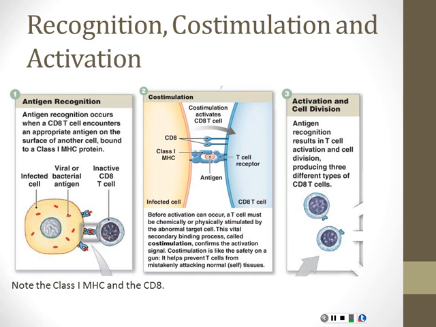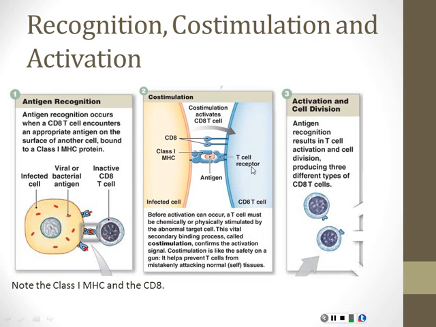I mean, it's going to kill cells to solve something like a viral infection or a mutation. So the system has kind of a safety on it, and that is once a T cell finds its antigen, like here, it's primed but not active yet. In order to become active, it has to be co-stimulated. So essentially, it has to find another cell with the same antigen to turn it on, so to speak.